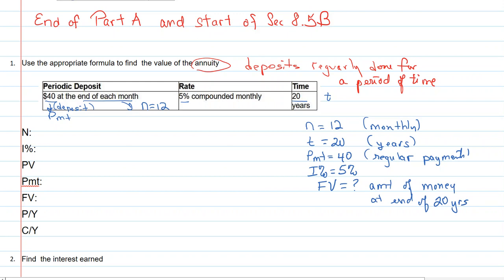Well, let's see how we fill things in here. We know that our capital N is going to be 12 payments a year times the 20 years of the investment. The I% is 5. There is no initial deposit, no deposit made at the beginning, because we have deposits of 40.